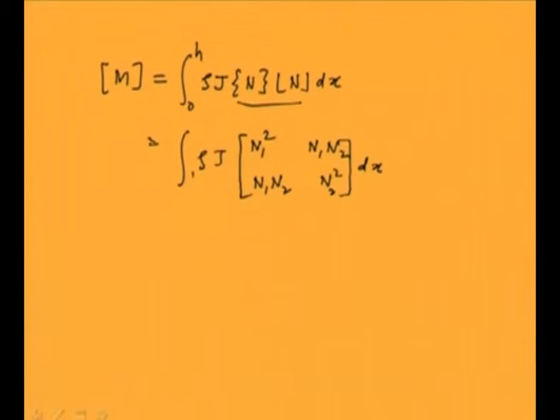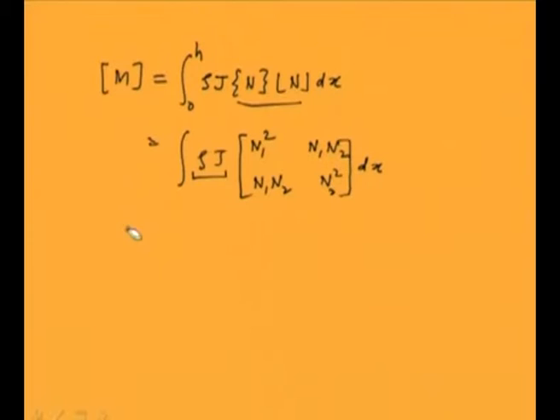Because the element is uniform, rho and J can be considered constant, so they can come out. If we integrate this, we will get the mass matrix of one element.